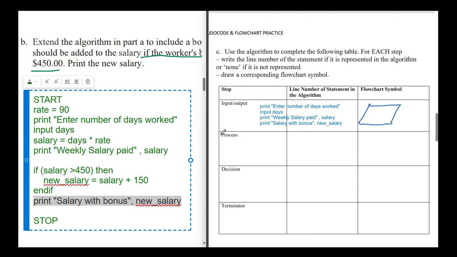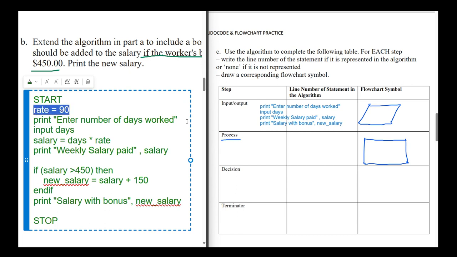Next one, a process. What would you use for a process? Process would be a rectangle. I'm trying to draw the lines as straight as I can. Process would be a rectangle. Now, what lines in the algorithm would be a process, right?